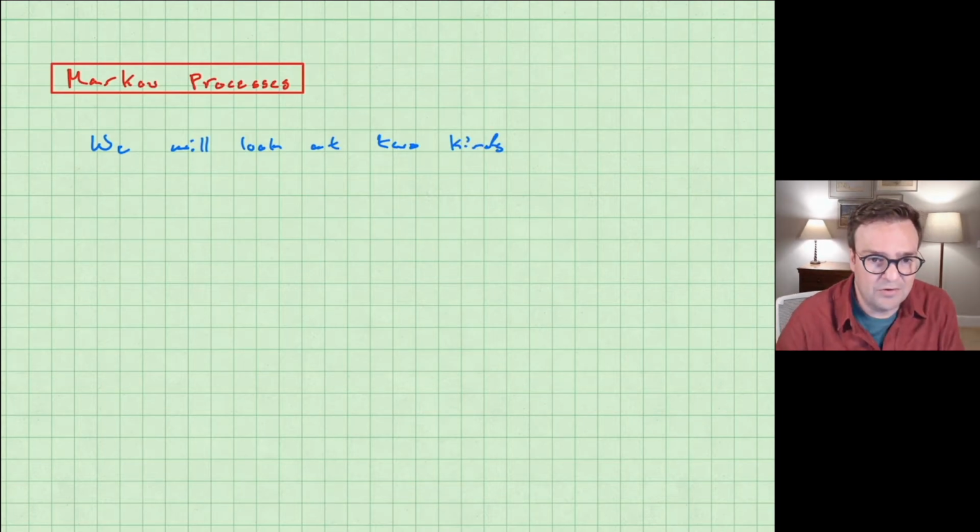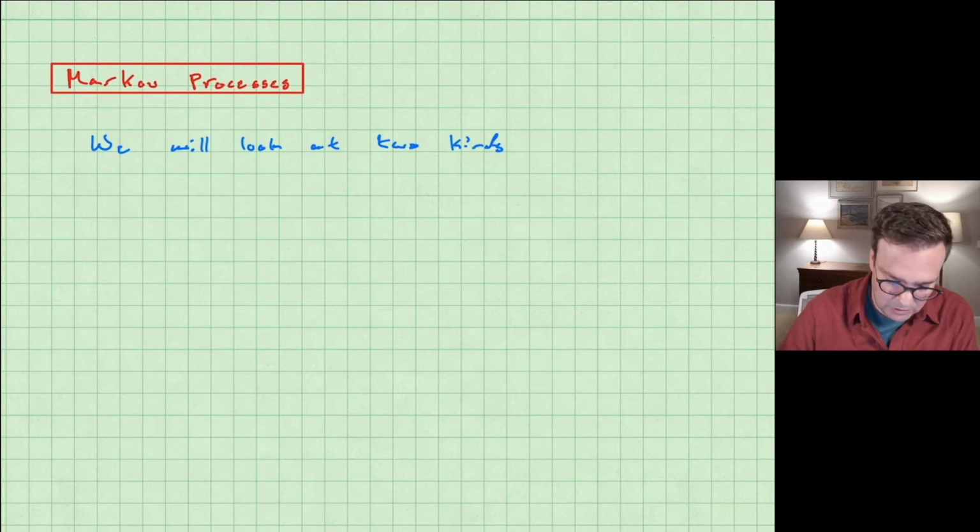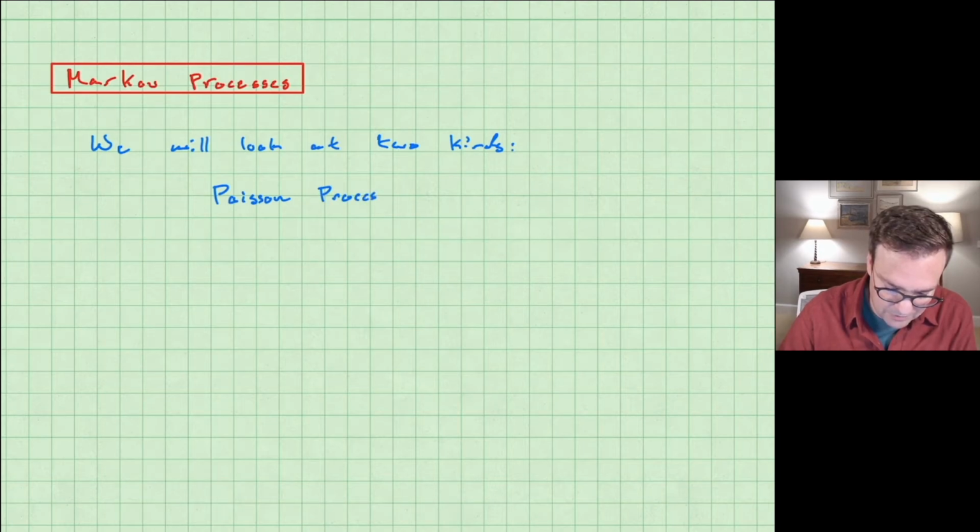With branching processes, we only looked at Galton-Watson processes. And with random walks, we looked mostly at Gambler's Ruin, but we looked at the unrestricted random walk as well. Now, the 2 kinds of Markov processes that we're going to look at are Poisson processes and the birth and death process.